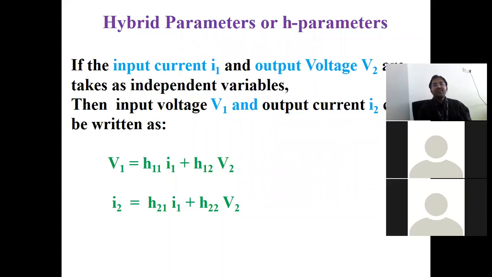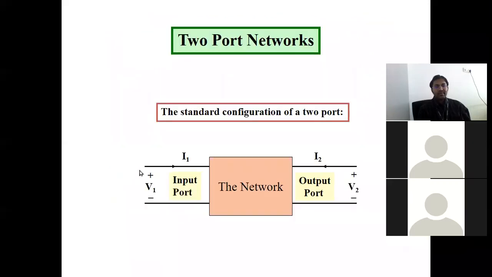Now in these 4 variables, I choose input current and output voltage as independent variables. Among V1, I1, V2, I2, I can choose 2 as independent and represent the remaining 2 in terms of these independent variables.